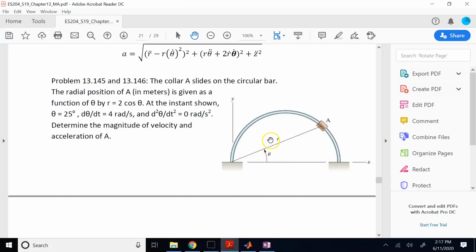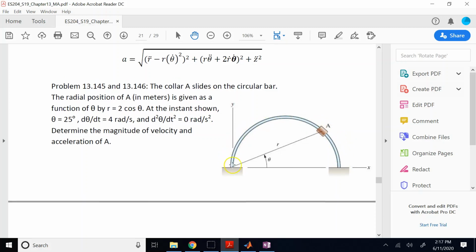So in this problem, there is a collar that is moving on a semicircle as a guide, and one end of it is at the origin, the other end is at some diagonal distance of 2r.